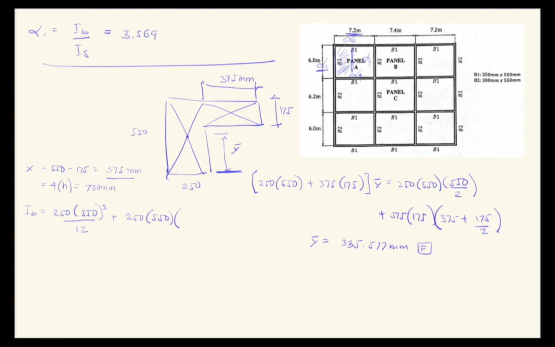Okay, and 335 is somewhat here. So this distance, this point to this point, is simply 335.577 minus half of 550.